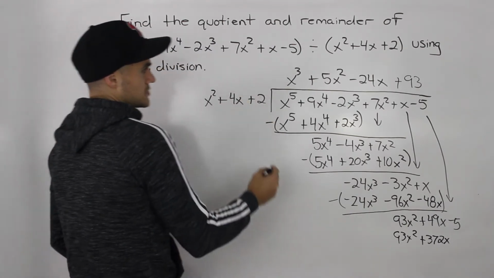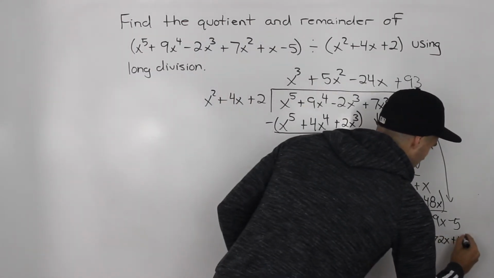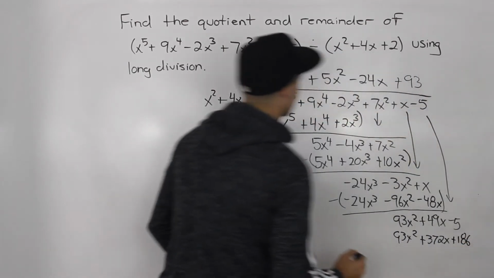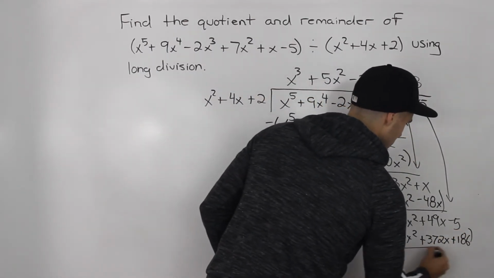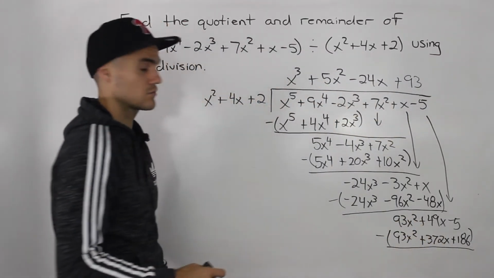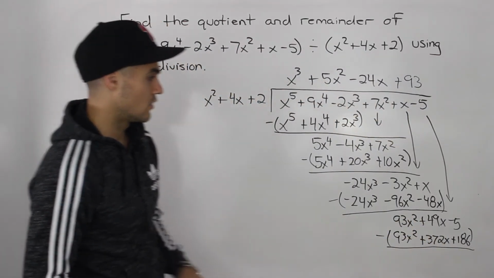And then 93 times 2 would give us 186. So then when we subtract these terms here, 93x squared minus 93x squared, those cancel out.